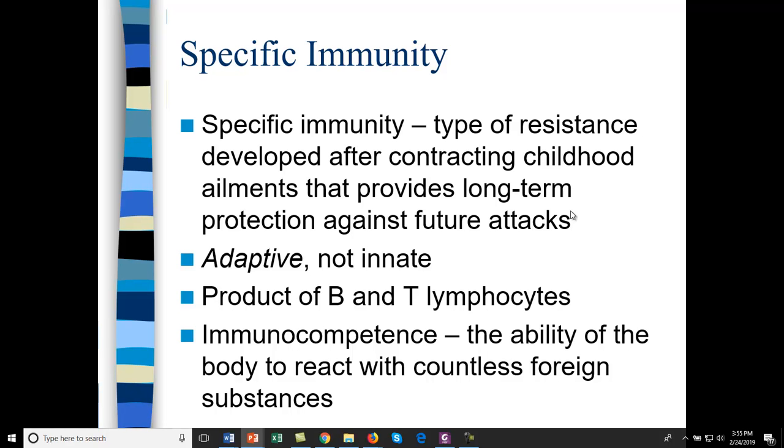And it is part of what we call immunocompetence, which is the ability of your body to react with countless forms of antigens. The body is wonderfully made and has the ability to sense and detect many, many different combinations of antigens on the surface of pathogens and even internal to pathogens.